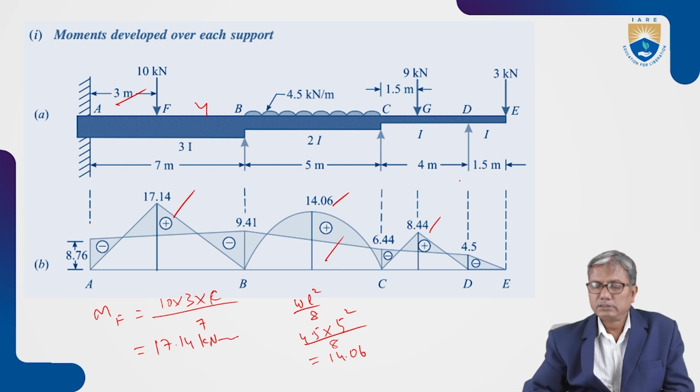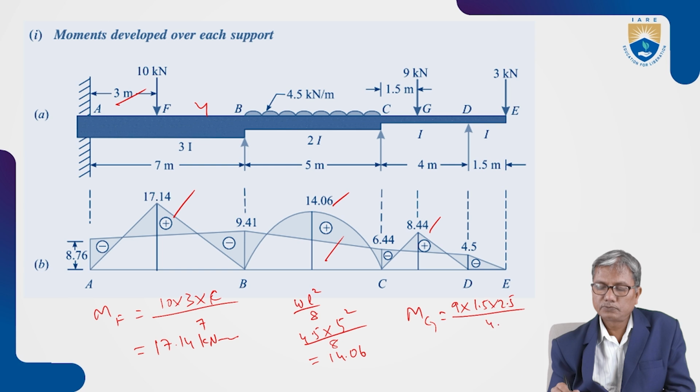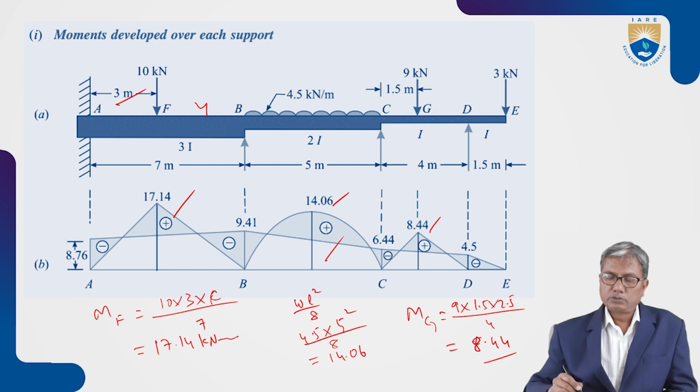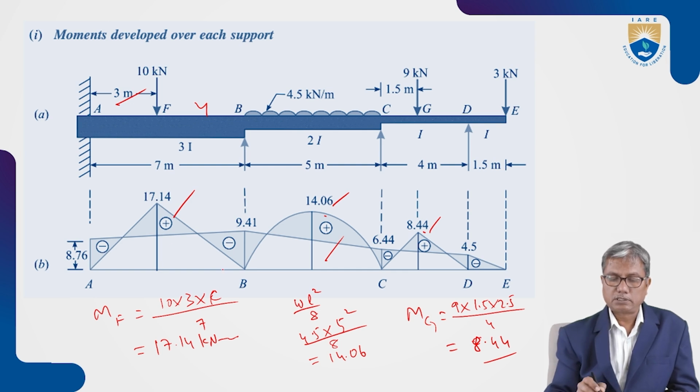And on CD, the bending moment at G is again WAB, 9 into 1.5 into 2.5 by 4, which comes out to be 8.44. Is this clear? So after drawing these diagrams, we will find out A1 X1 bar.